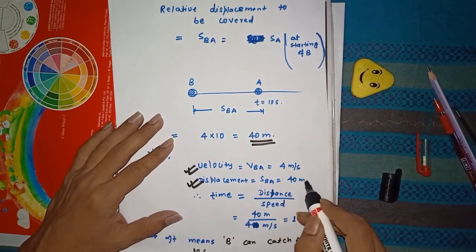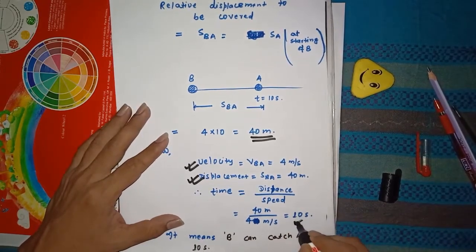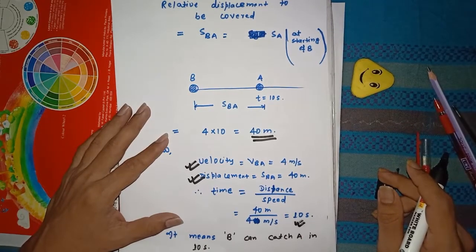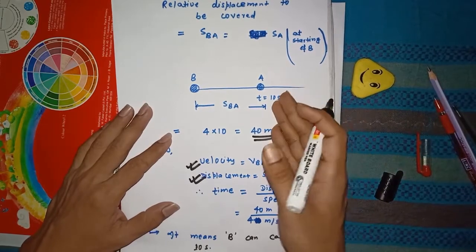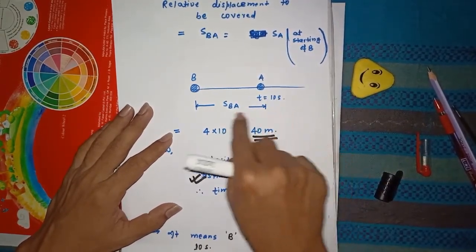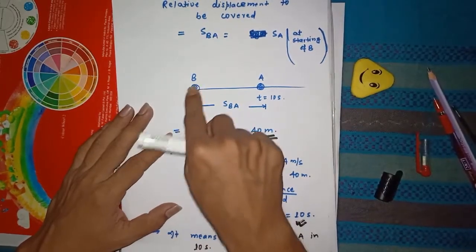Since speed is constant, time is distance divided by speed, so it becomes 10 seconds.